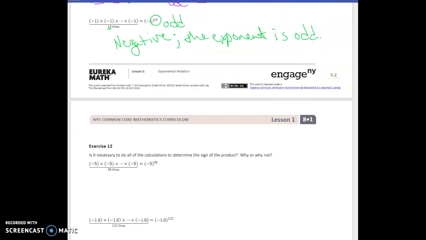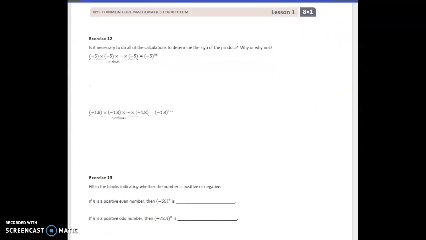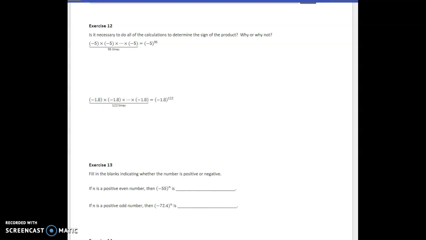Looking at a few more examples here, is it necessary to do all the calculations to determine the sign of the product? Hopefully you're thinking no, all we need to focus on is the exponent. Now notice these aren't using a base of -1. Does that matter? No, because remember, the rules for negatives don't depend on what the base is. -5 times a -5 is going to be a +25.